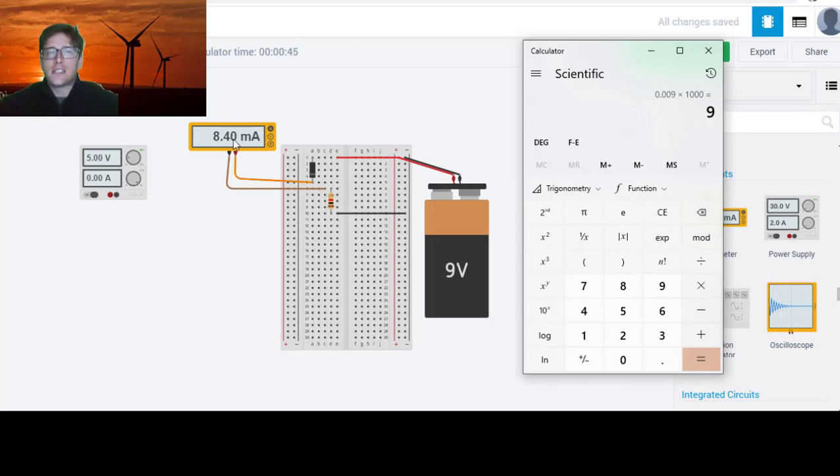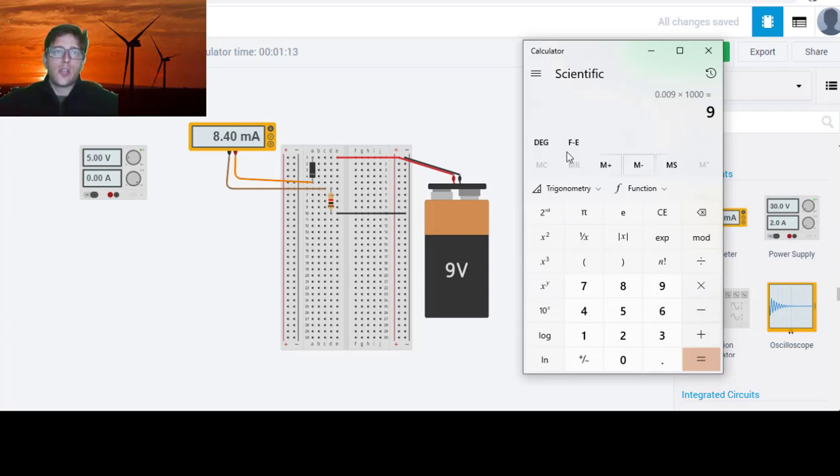Now, why is this 8.4 instead of 9? You might be thinking, okay, something has to be taking up that extra voltage, or the extra amperage. So what could it be? Now let's think. The diode right here is going to actually take some sort of voltage out, and so that actually is probably why we have 8.4 milliamps versus 9 milliamps.